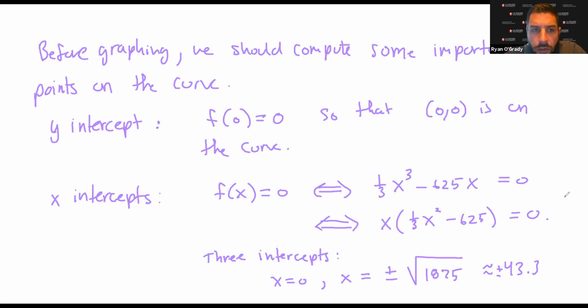Okay, so the last thing I'm going to calculate before I sketch the graph is the output at the extrema. I know I have a min somewhere. I know I have a max somewhere. I'd like to know the output at those two things.